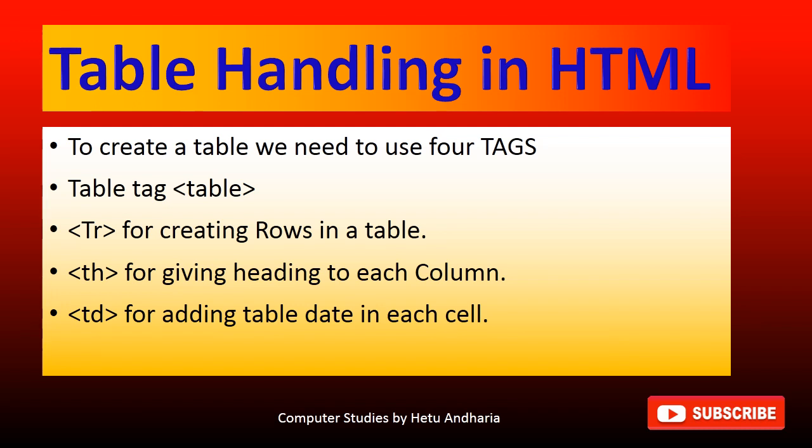Then th is used for giving the column heading, and td is for displaying the table data. Now we will create a sample table to understand how a table is created in an HTML document.